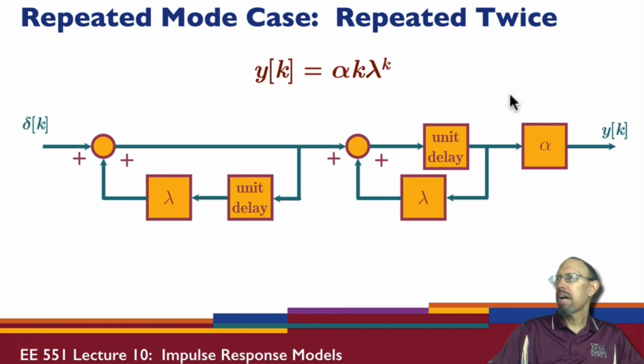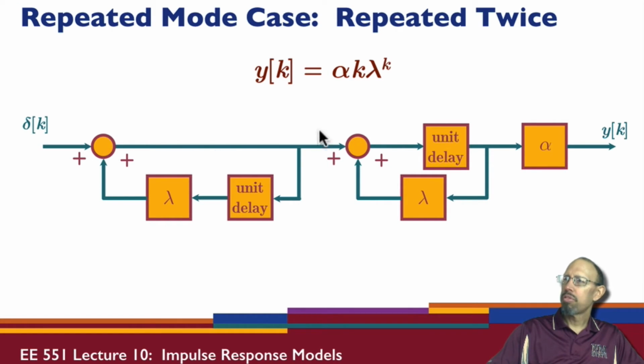So what happens now if we have repeated modes or repeated poles? Well, generally, if you look at a form like this, alpha k lambda to the k, notice this is multiplied by k here. And so basically you can go through and show that a block diagram that looks like this, with delta applied, will give us this response.